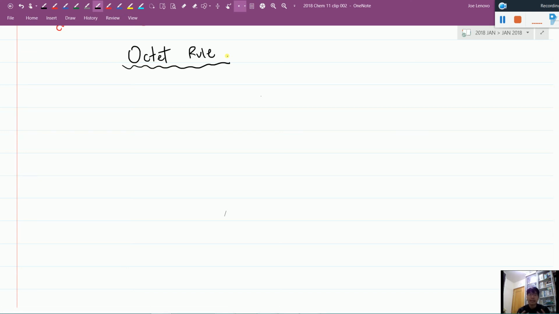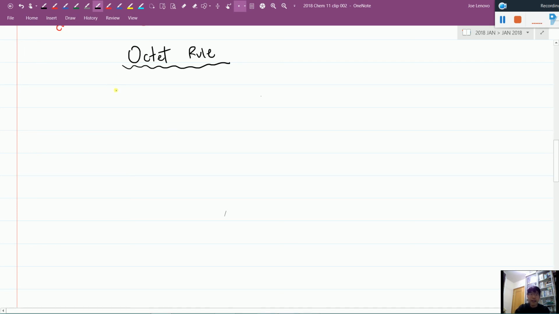When it becomes stable, you don't want to disturb it, and once it reaches that, you want to keep it as stable as possible. And 2, 8, 8 compared with 2, 8, 9, 2, 8, 9 doesn't belong to the octet rule. Then we will keep the 8 and kick out the 1 and move on.